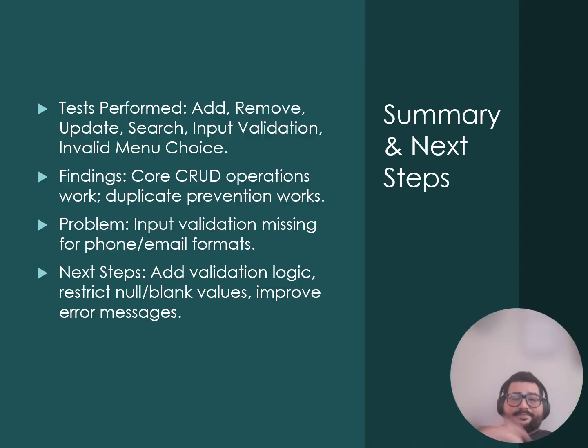What we found by the tests that we performed was to add, remove, update, search, input validation, and invalid menu choices, right? So our core CRUD operations work and our duplicate prevention works. The problem is that we're having validation issues, right?